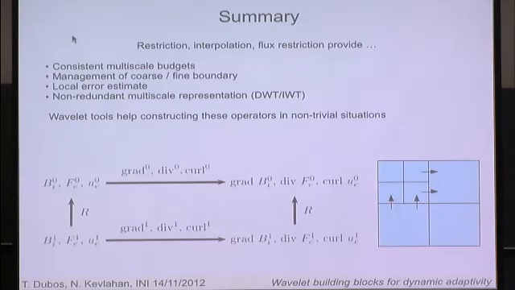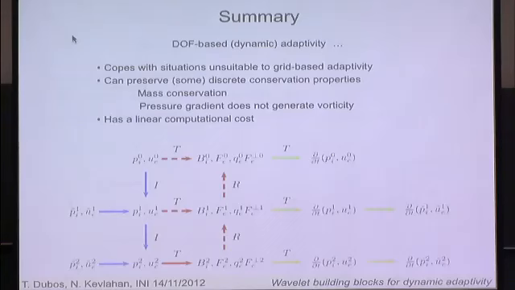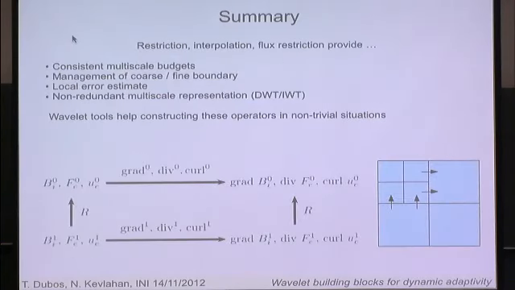Okay, so that's if you're able to construct them, and the wavelet tools can help you construct these operators in non-trivial situations. So I think the main idea that we've developed here is these consistency conditions that achieve something analogous to the accumulation of fluxes on coarse-fine interfaces in the AMR context. But we have vorticity in addition to mass.